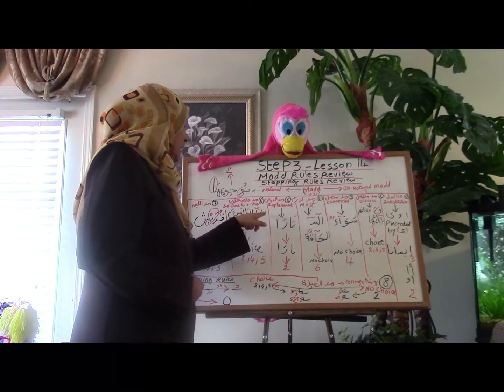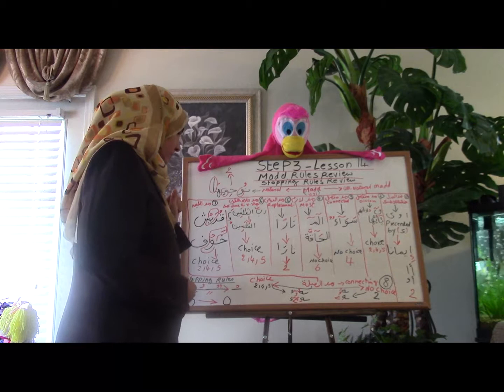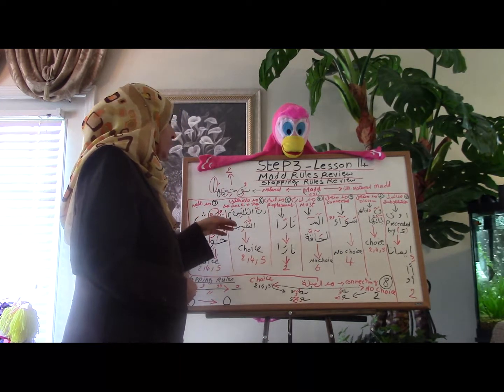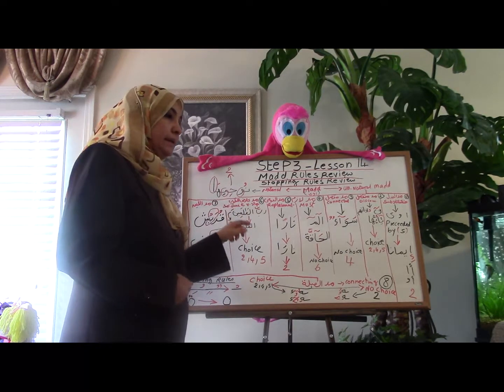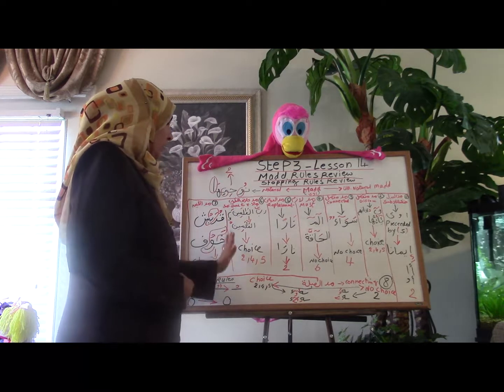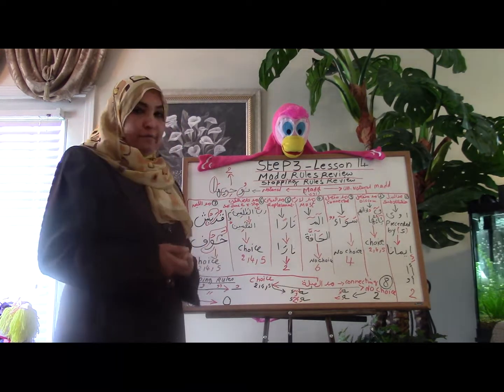So I will say Rabbil Alameen. I made it 4. And if I'm not stopping, I will say Rabbil Alameen Ar-Rahmanir Rahim, and so on. So here I don't have that choice, I have a choice to elongate to 4 or 5.